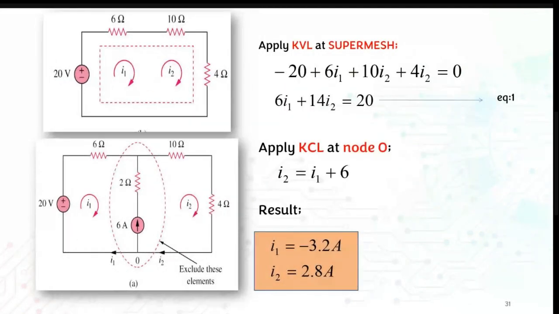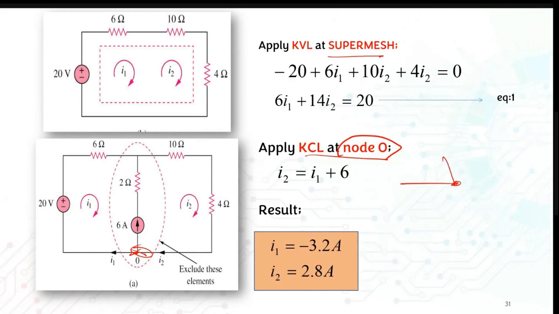For the supermesh, we also need to come up with the equation at node 0. So what is node 0? Node 0 is here, where the supermesh happens. That is the place we call node 0.